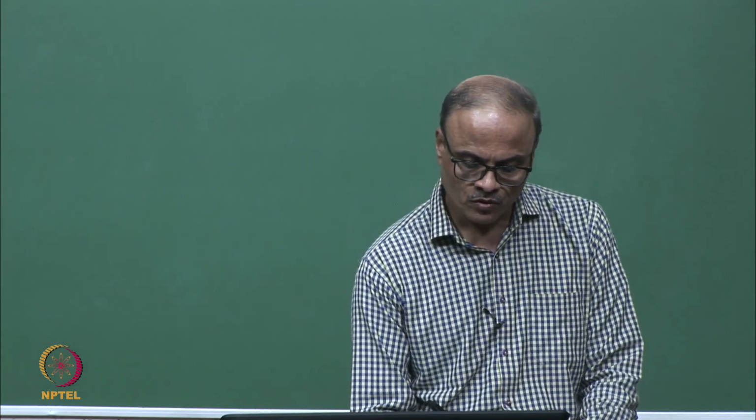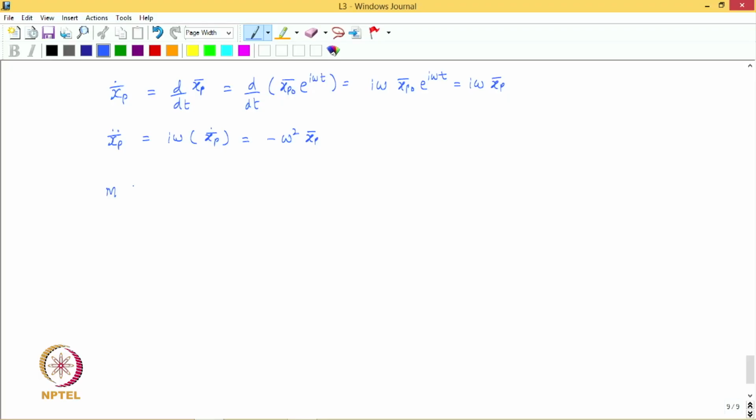If we substitute into m x double dot plus k x equal to f naught e to the power i omega t, what we get is minus m omega square xpo bar e to the power i omega t plus k xpo bar e to the power i omega t equal to f naught e to the power i omega t.